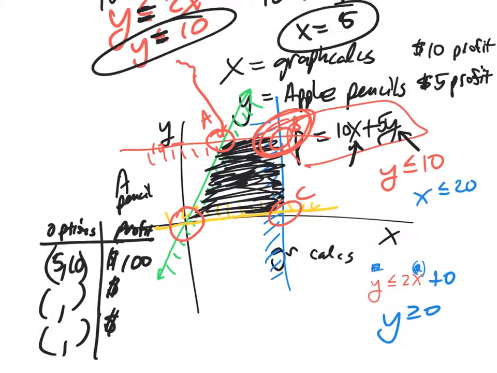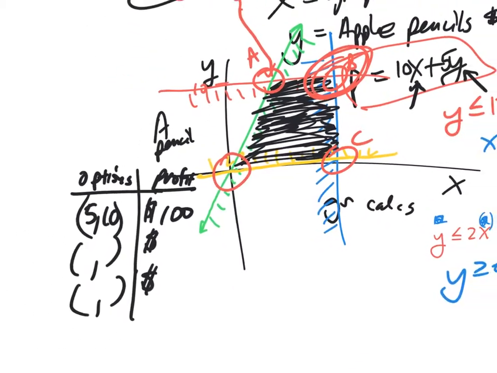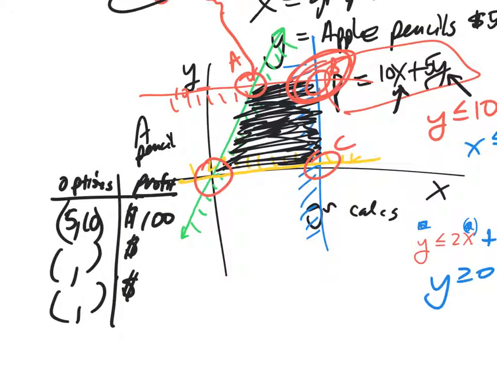Okay, so the profit amounts. First of all, it was 20 comma 10. Raise your hand if you knew it was 20 comma 10. Awesome. And then the profit you get for that spot, well, you go 20 times what? 10. And then 5 times 10. So that's 50 and 200.